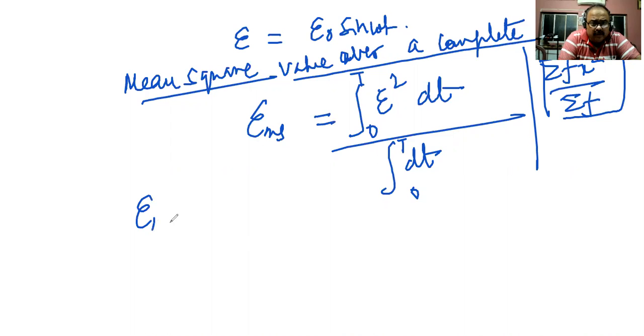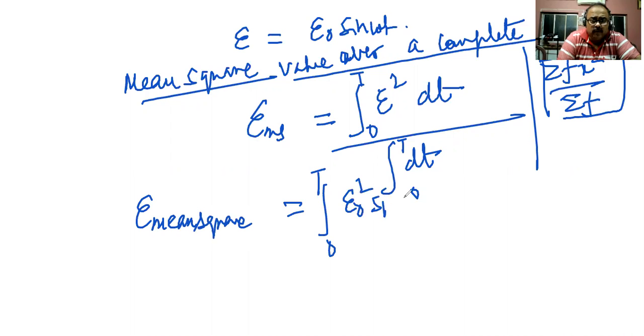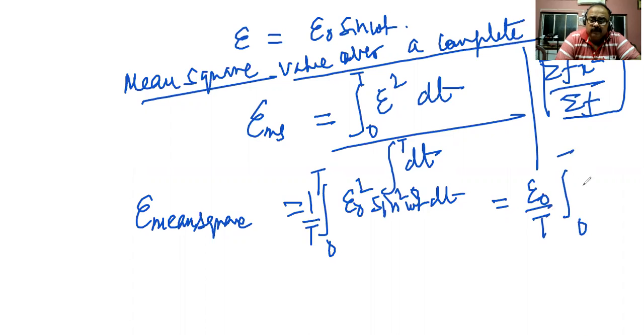So we are doing E mean square, and that will be equal to the integration from 0 to T of E square, where E is E naught sine omega t, so E naught square sine square omega t dt, and the integration of dt from 0 to T will be equal to T. So over here I will get E naught square by T, integration from 0 to T of sine square omega t dt.